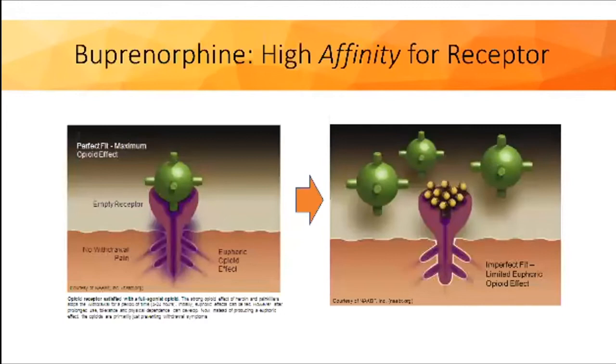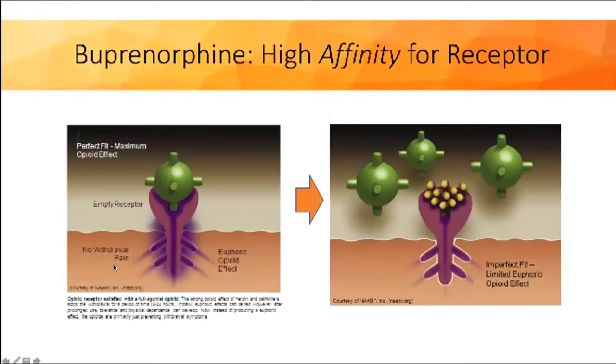So like we're saying, buprenorphine, high affinity. You can see on an empty receptor there's a mu agonist. It's a perfect fit, this is the full agonist giving you the more robust analgesic effect, as well as possible sedation and euphoria.